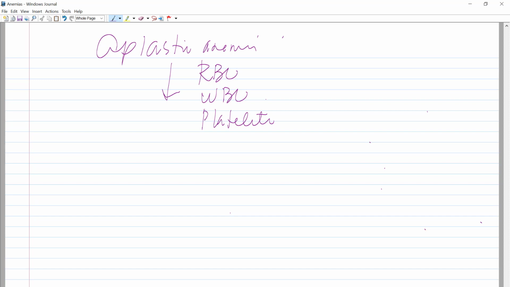And the thing with aplastic anemia, it's often acquired. It could be idiopathic, wherein you really don't know what the cause is. And based on research, the thing with aplastic anemia, it's autoimmune. Okay? Or it can be caused by chemical agents and toxins.